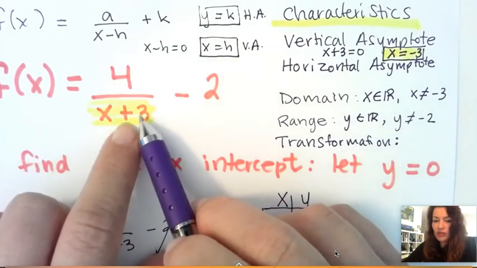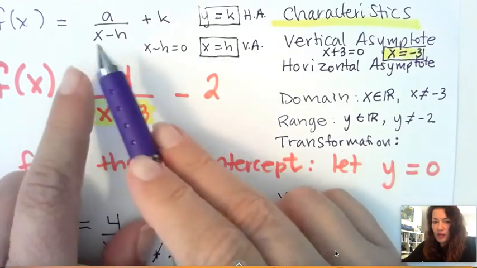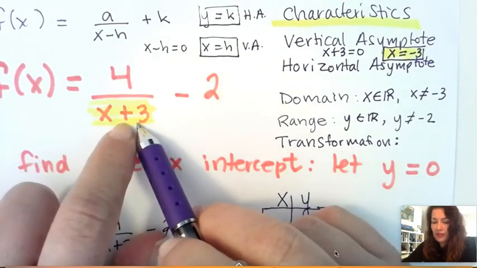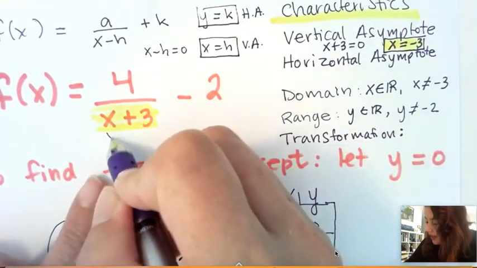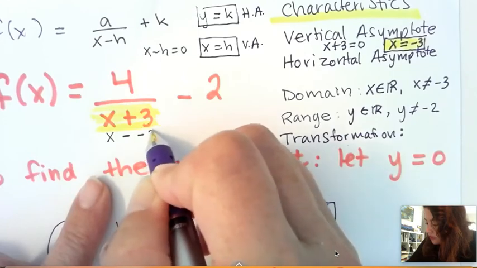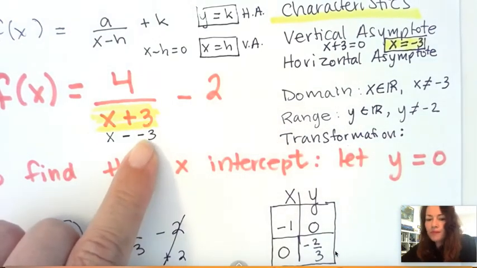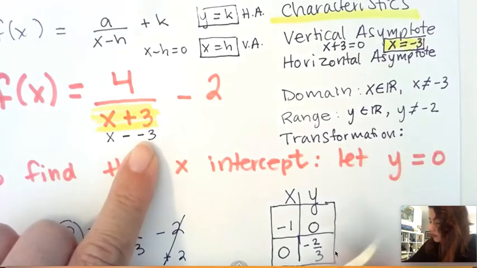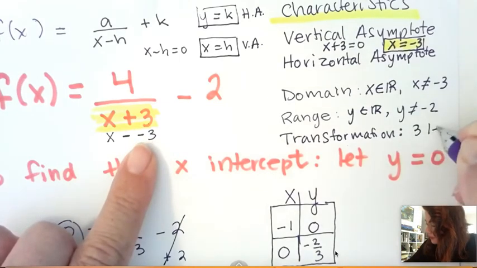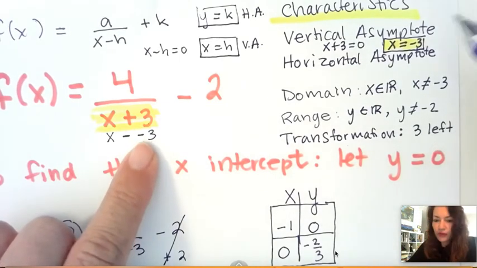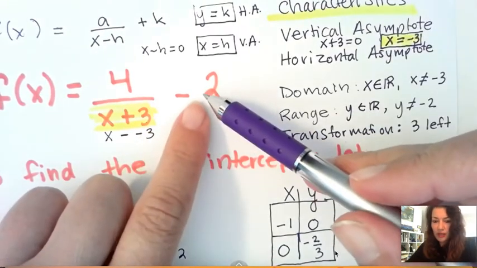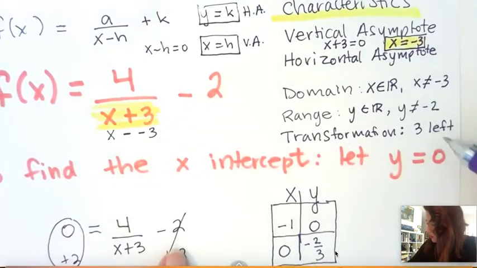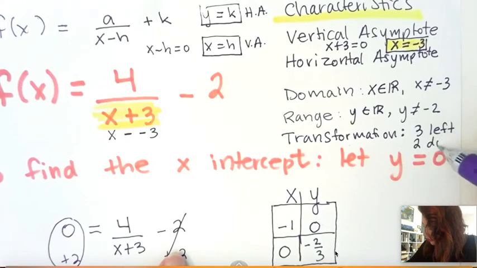So in this case, how would we get +3? Well, if x was -3, our horizontal transformation is 3 left. And our vertical transformation is 2 down.